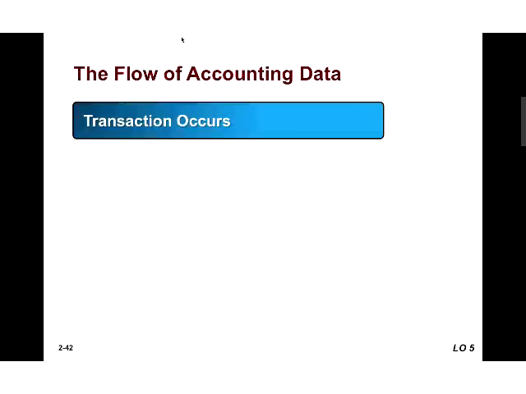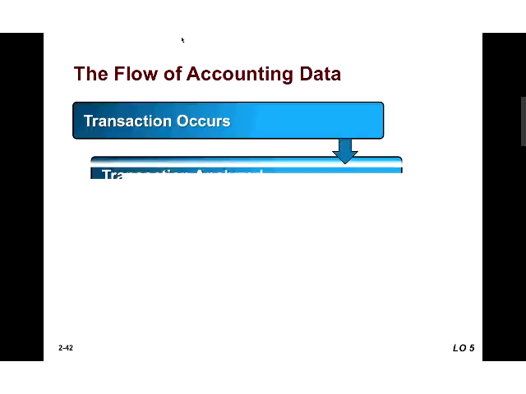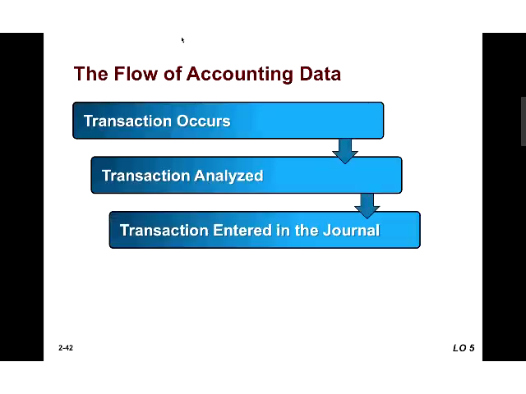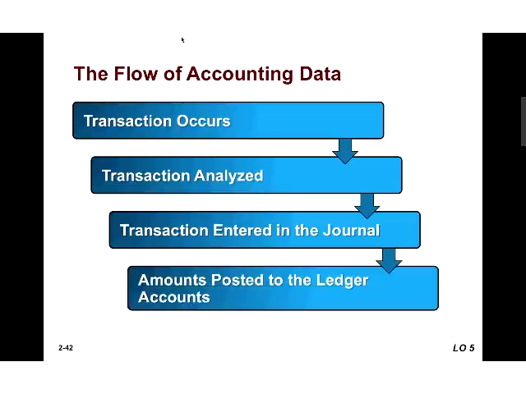Okay, so what we have in terms of information flow is the transaction occurs. We analyze the transaction, basically saying what happened here, what increased, what decreased. Then we write the journal entry. After the journal entry, the amounts are posted to the ledger.